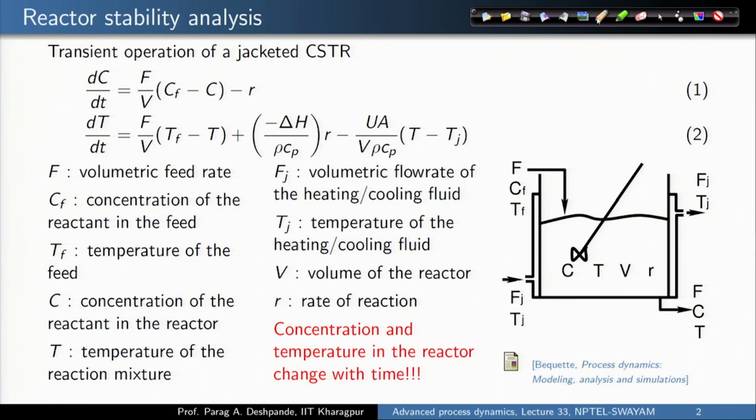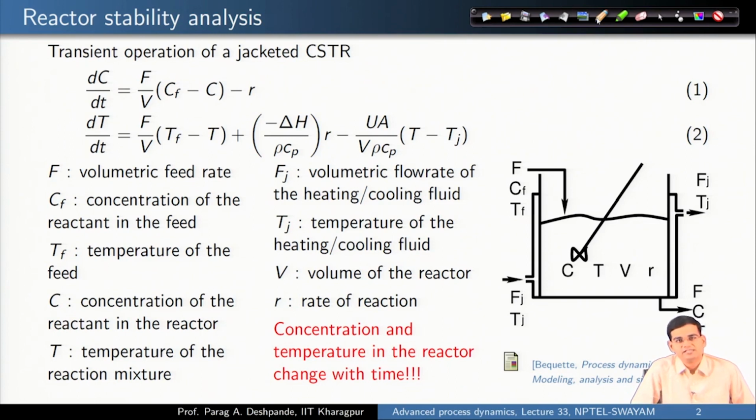We gave two model equations, dC/dt is equal to F/V (C_F minus C) minus R, and dT/dt is equal to F/V (T_F minus T) plus (minus ΔH) ρ upon C_P times R minus UA upon V ρ C_P (T minus T_J). Various quantities have been elaborated below.